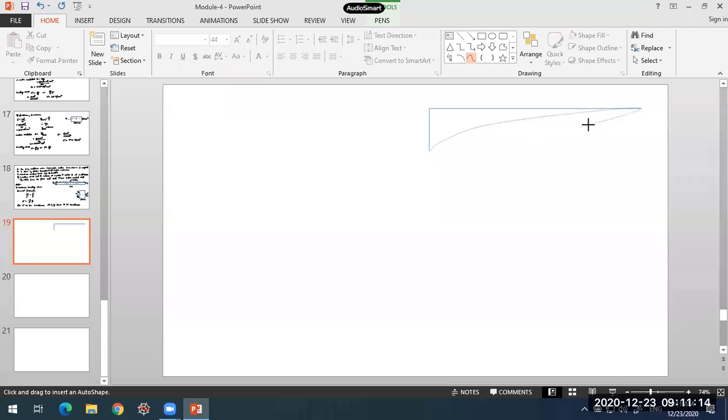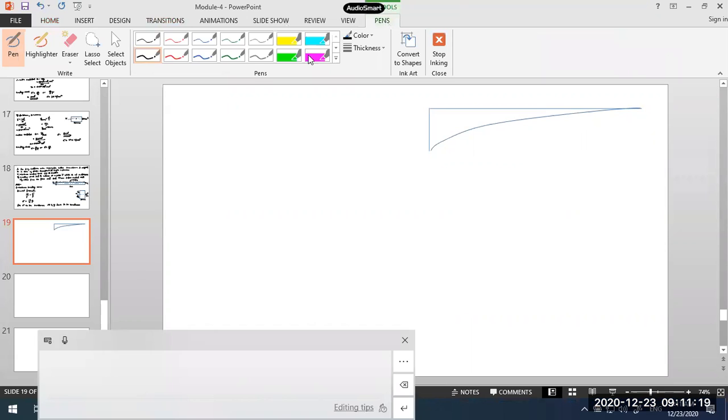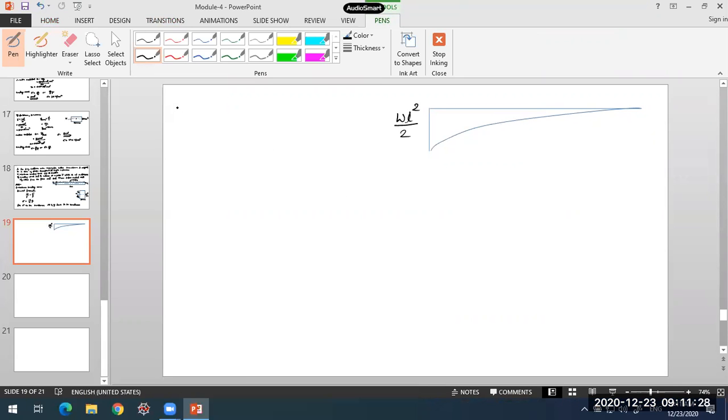So at the fixed end, the maximum bending moment will be WL square by 2. So the maximum bending moment in a cantilever beam will be at the fixed end.